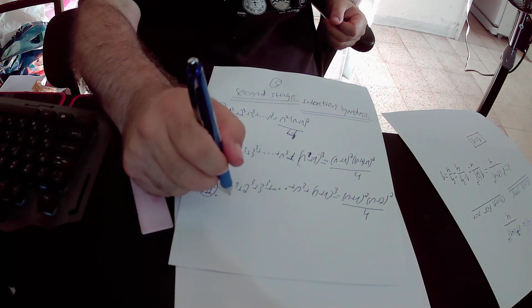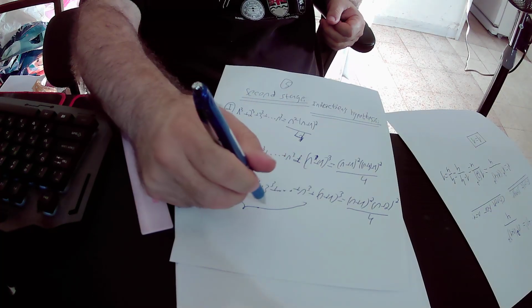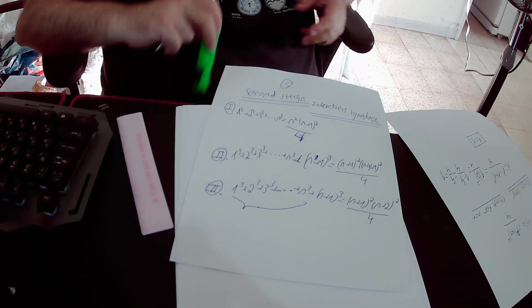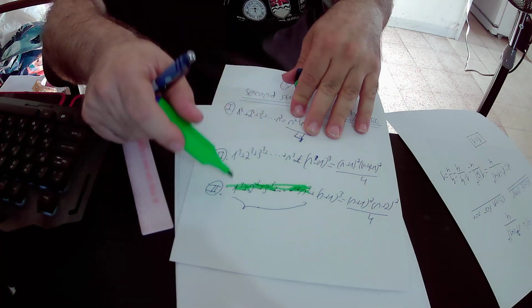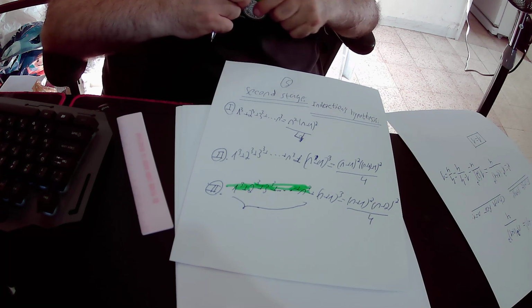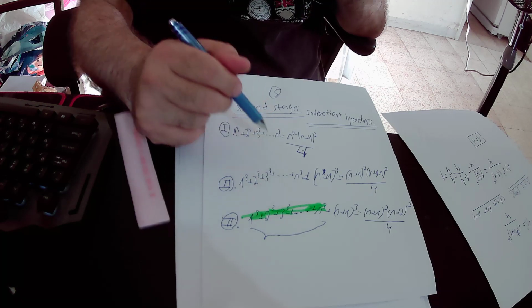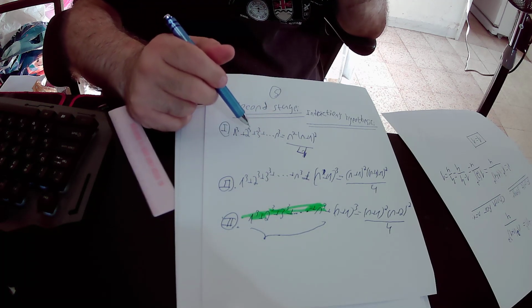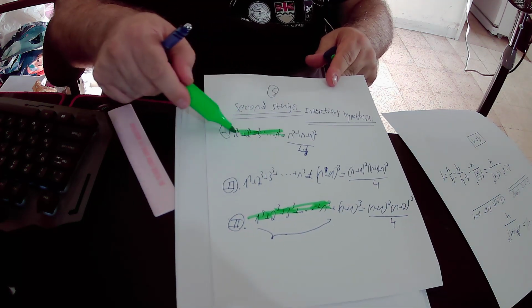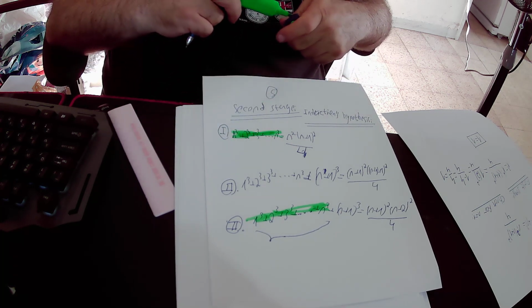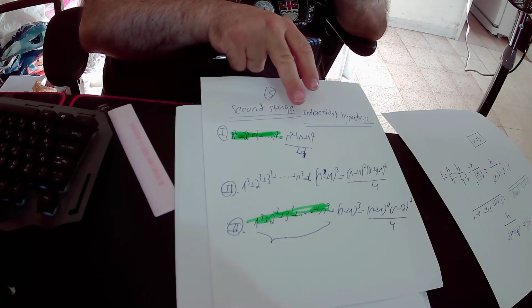If we look at the expression for n, this expression is identical to n squared times (n plus 1) squared divided by 4.